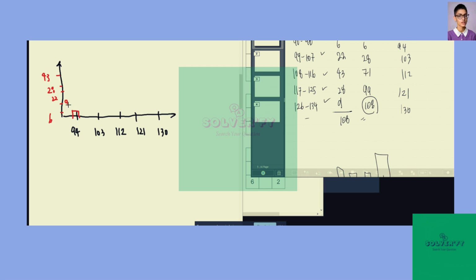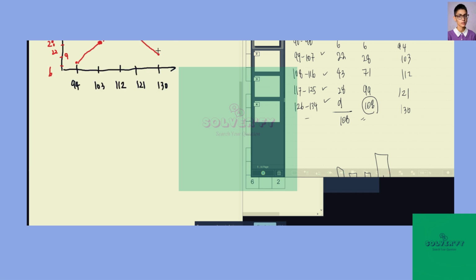Let's plot just like an xy plane. 94 comma 6, 103 comma 22, so you should be hitting here. 112 is going to be hitting 43. 121 was a 28, so it should be hitting here, and 130 was a 9, so it should be here. You just need to connect all these dots, the coordinates, and then we should be done.